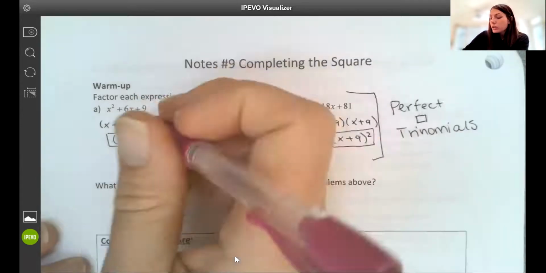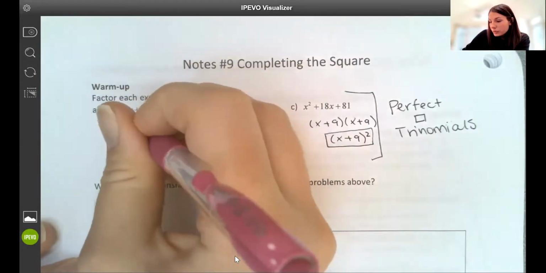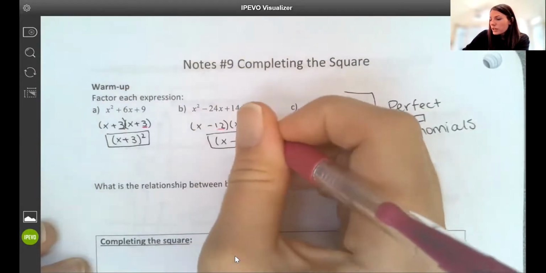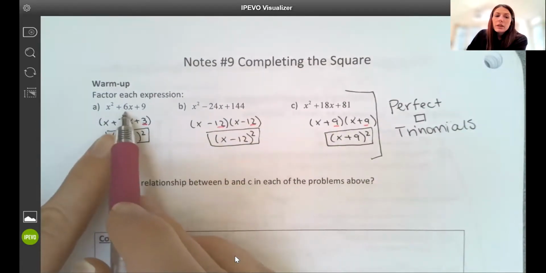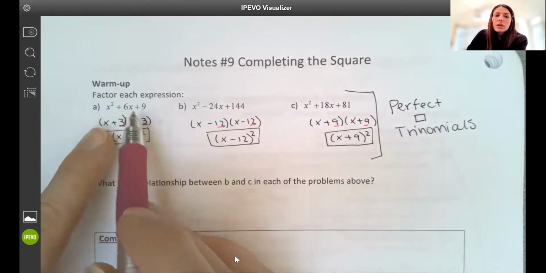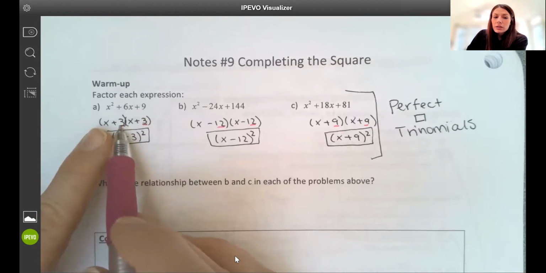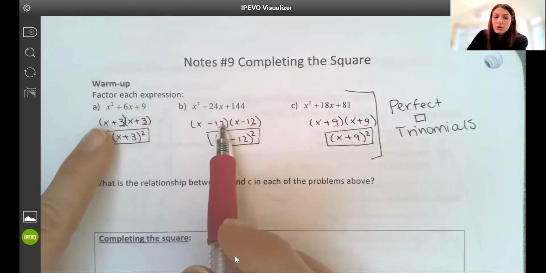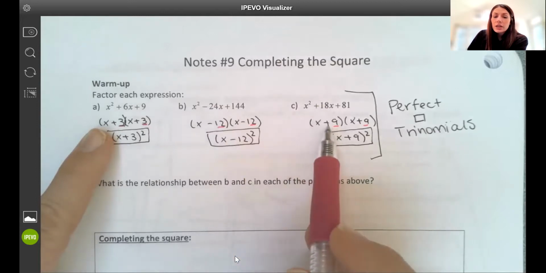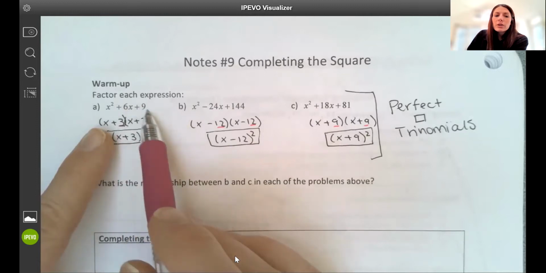So if we look at how this factors, it always gives us that same term twice. And if we look at B and think about where that number comes from, 3 is half of 6, right? 12 is half of 24. 9 is half of 18. And so I always have half of B here.